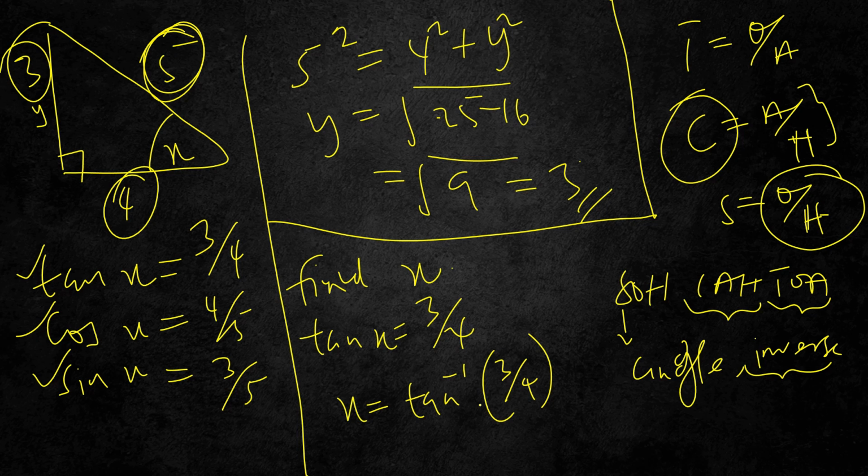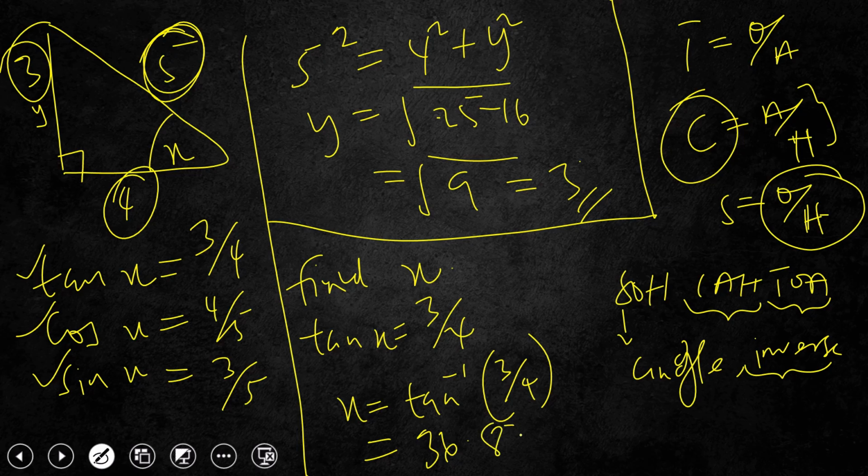When you press shift and tan, you get a tan with a superscript -1. Punch that in, and it is going to give you 36.87 degrees. So that is going to be the angle x.